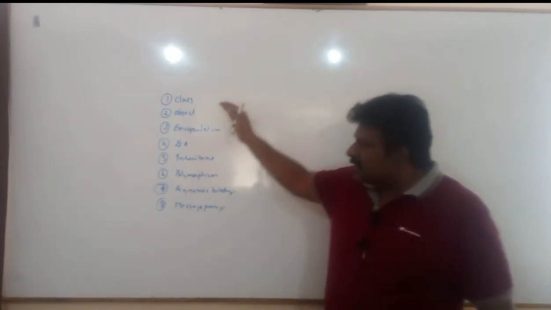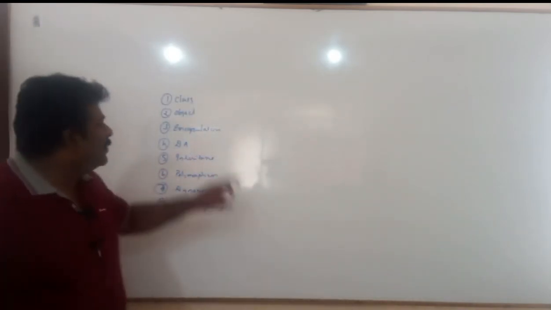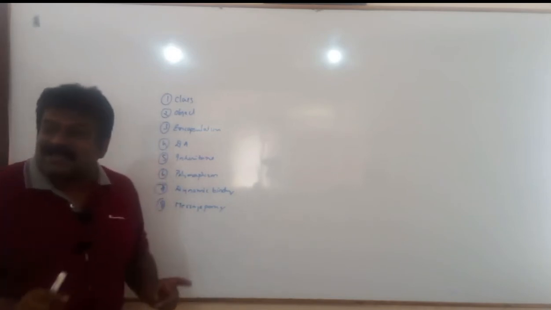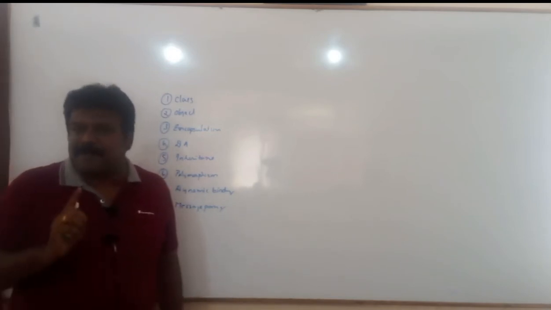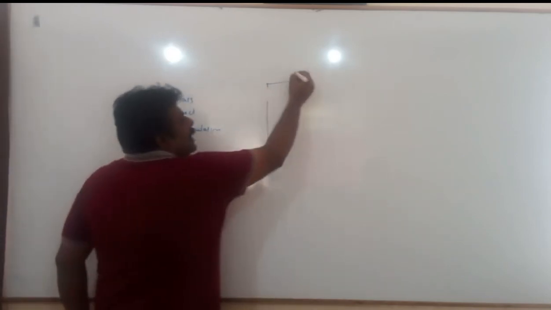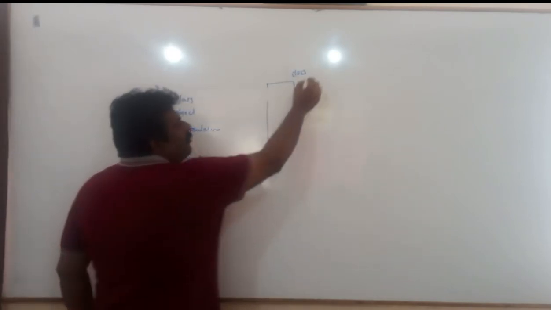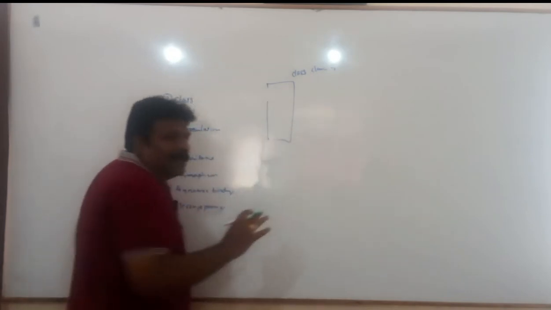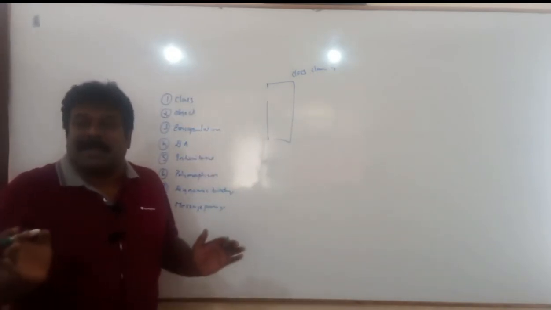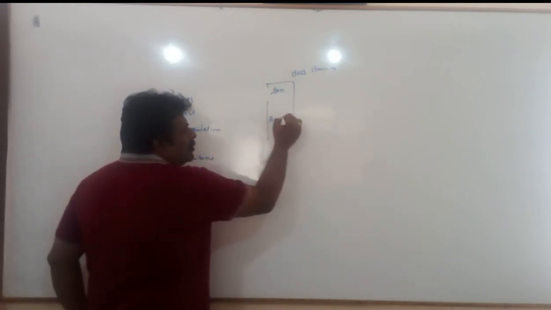Now let's have a look at all these things briefly. Okay. First, what do you mean by class? Class is a user-defined data type declared using the keyword class, and after that we give the class name, which is going to bundle, wrap up or encapsulate data members and associated member functions.